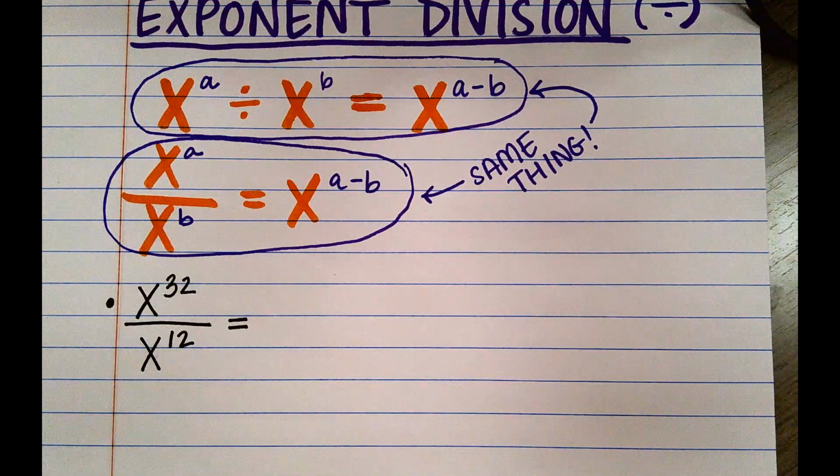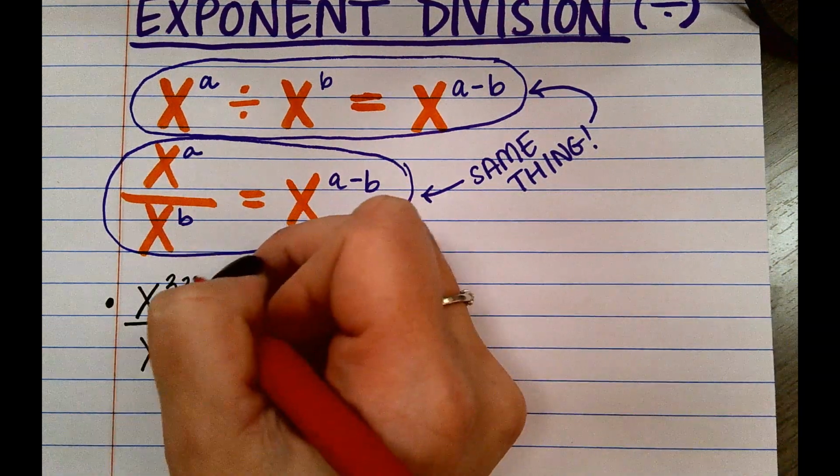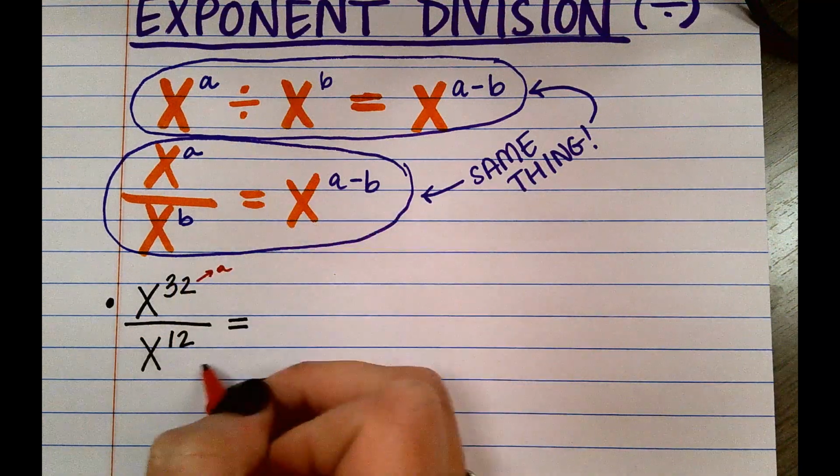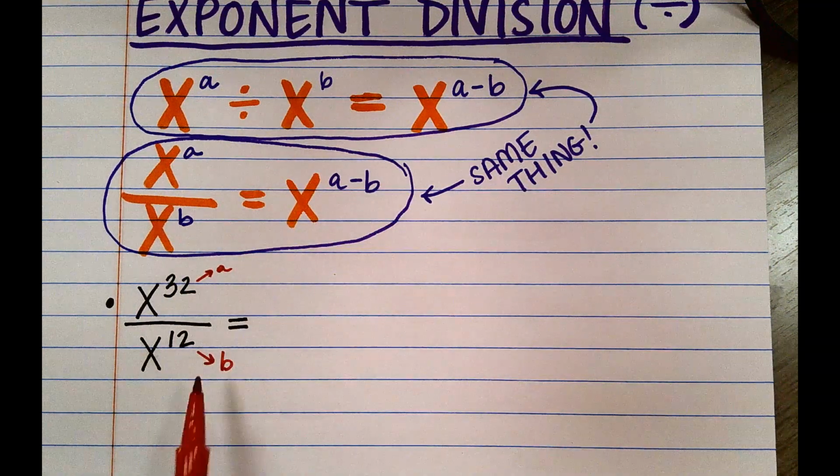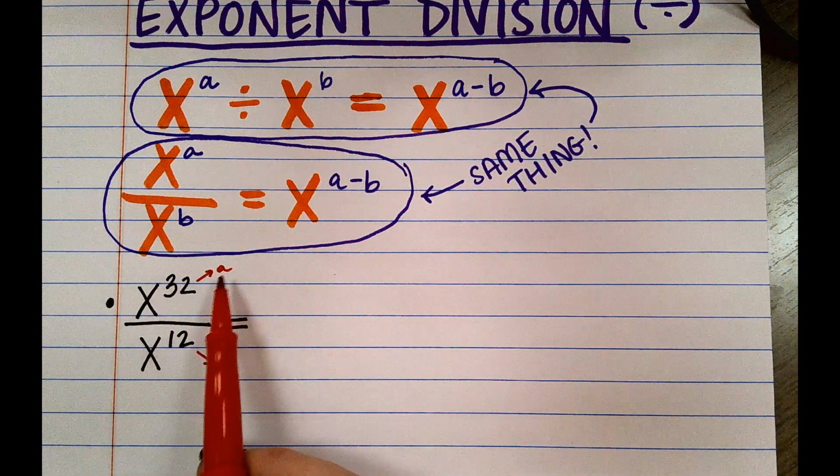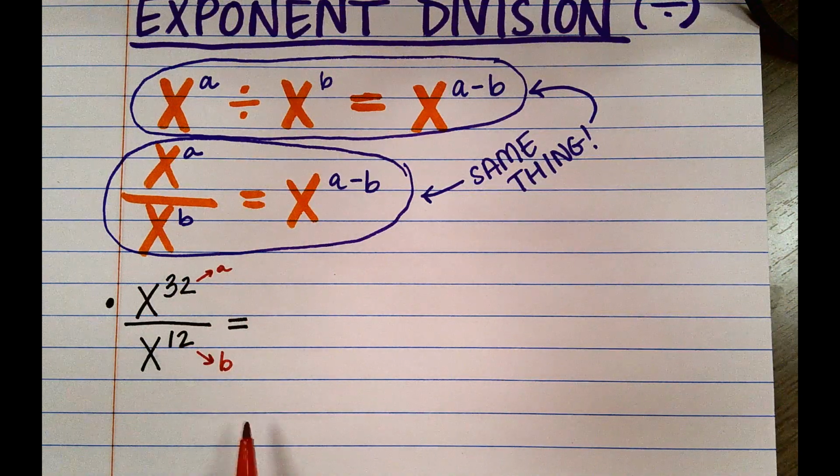Okay, would anybody like to share? Titania, what are you gonna do? You would subtract 12 from 32 and you get x to the 20th power. Yes. This is my A. 32 is basically A. 12 is my B. You can remember it this way. A is always on top, B is on the bottom.